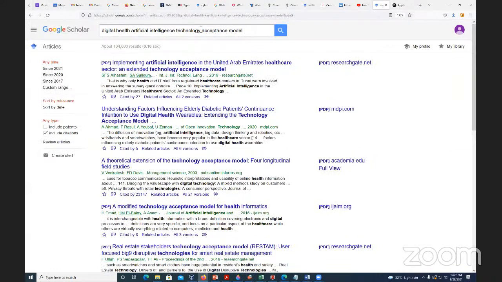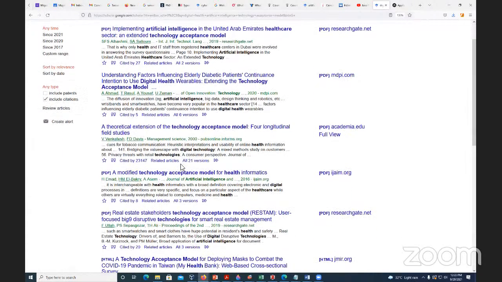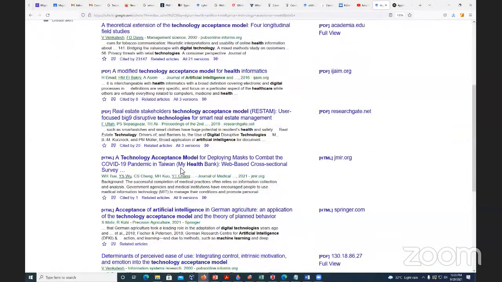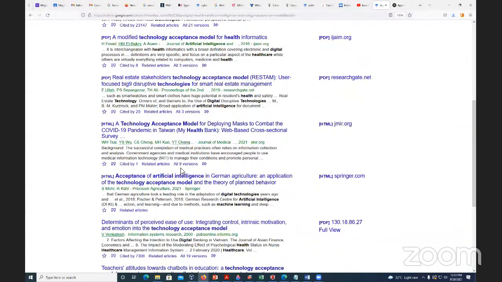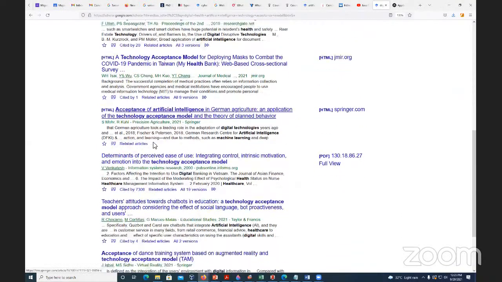So this one could be okay. Which one do I want to look at? Let me look at them quickly. Oh, weird. There actually is one on a technology acceptance model for combating COVID-19 in Taiwan. Wow.